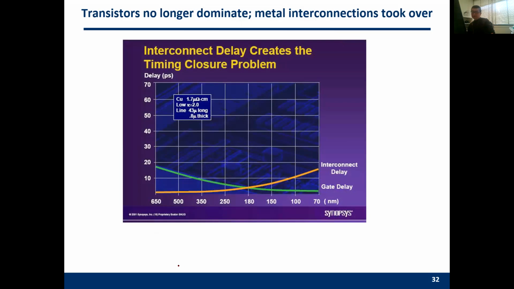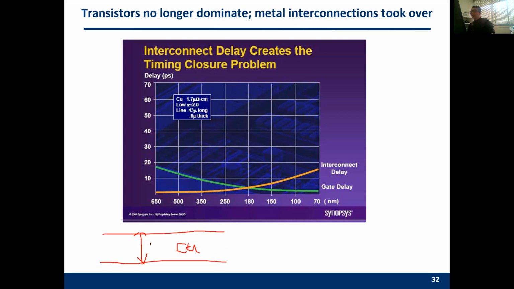Why? Because the width of your interconnection becomes smaller and smaller. In the normal CMOS chip, the wire is actually fabricated by copper lines.